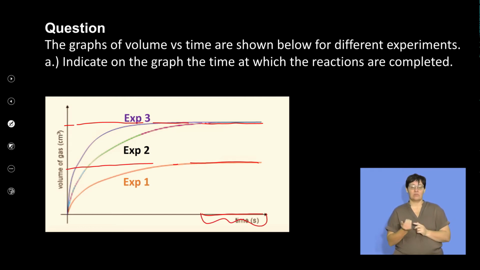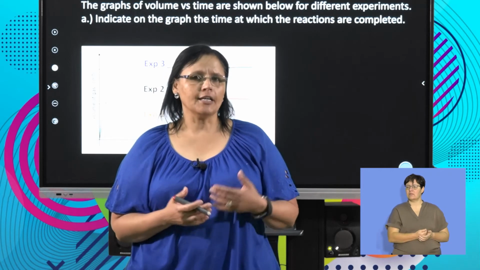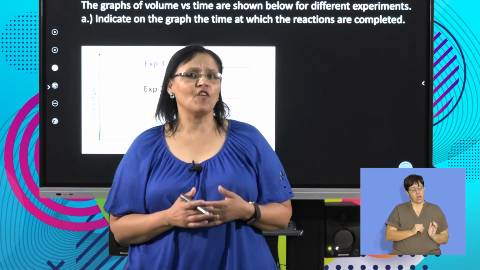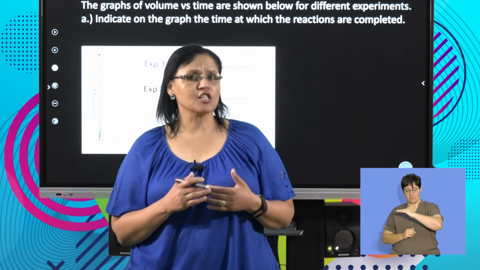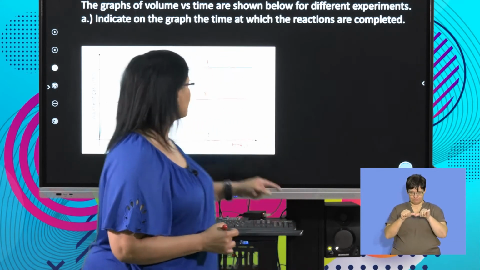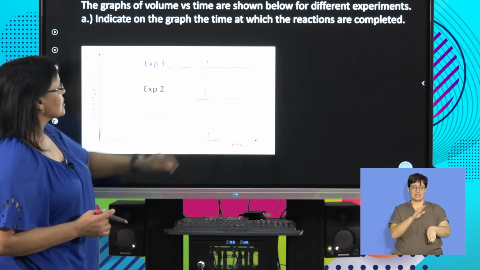So indicate on the graph the time at which the reactions are completed. I would say it's more or less at that time that the reaction is completed. And if somebody would ask me why I say that, you can say it is the time that the curve flattened down, and it's not just flattening down, it's also now parallel to the time axis.